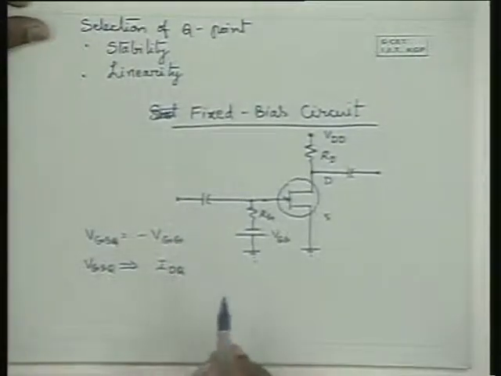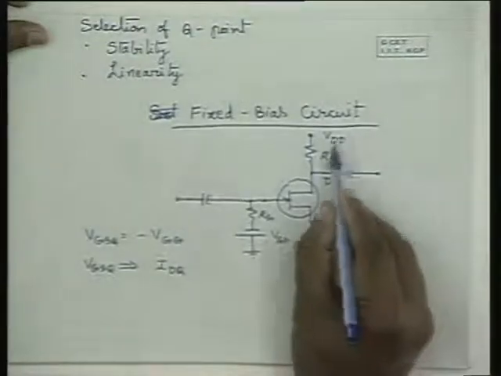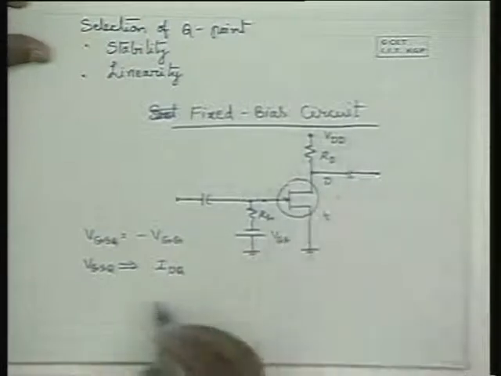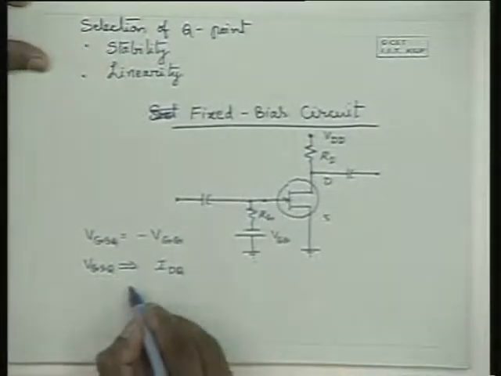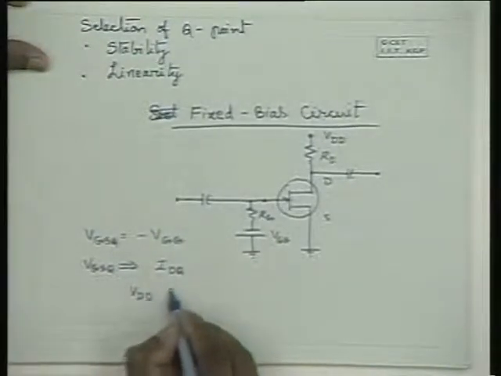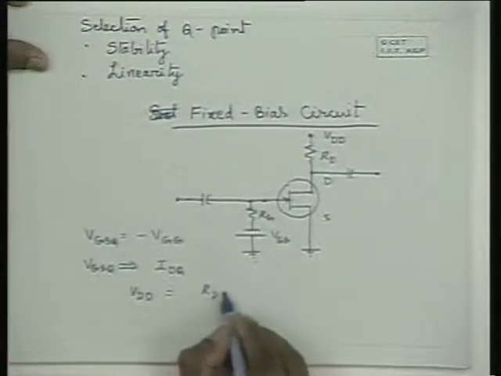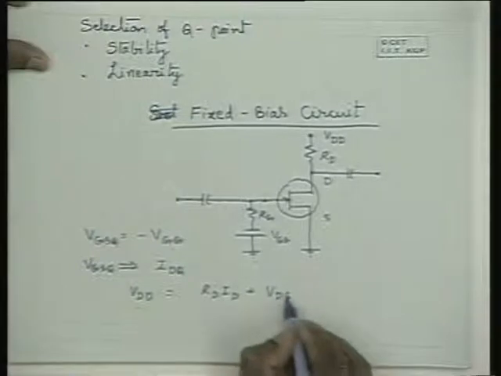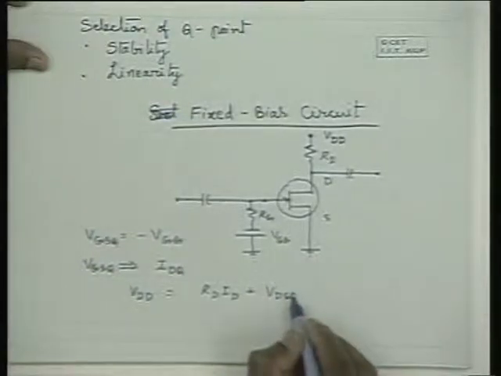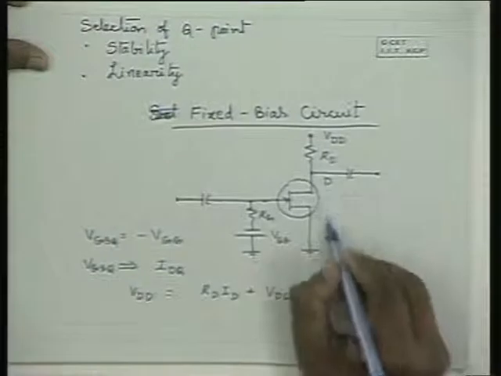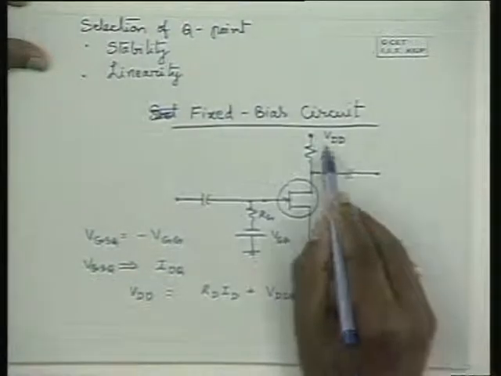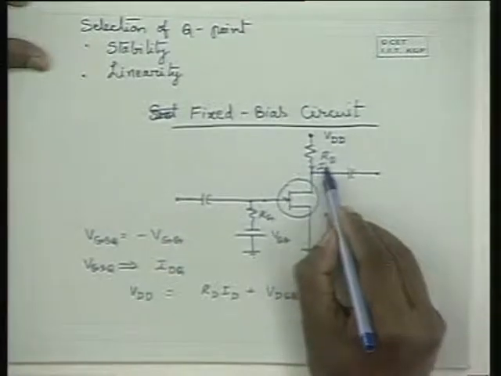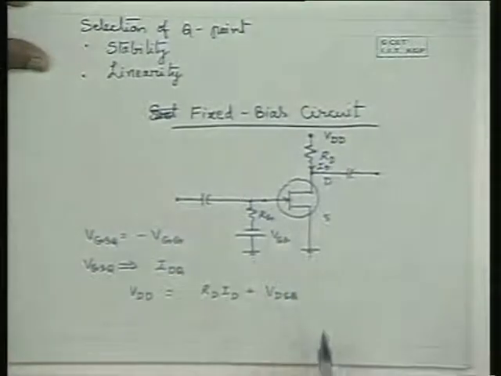Now once the IDQ is known, if you apply Kirchhoff's voltage law to the output loop here, VDD is equal to RD into ID plus VDS, or since it is the quiescent value, I am writing it as VDSQ plus RD into ID, because ID is the drain current, is equal to VDD.